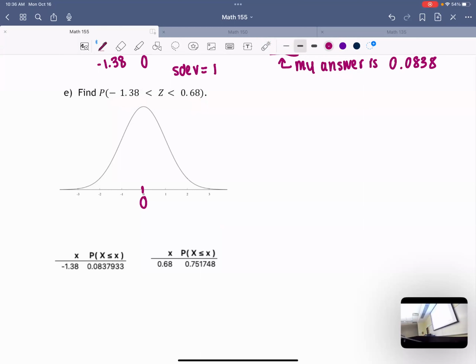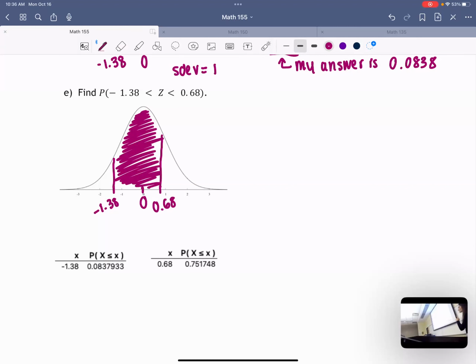And negative 1.38 is probably around here. So I'll draw that line up. 0.68 is kind of closer to 0, so I'll draw it here and draw my line here, okay? And if I want to find the probability of between these two values, I'm just shading in everything in between.